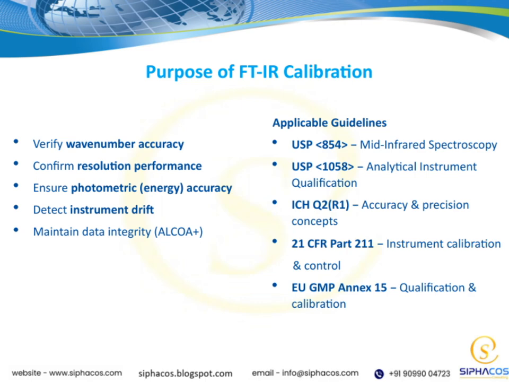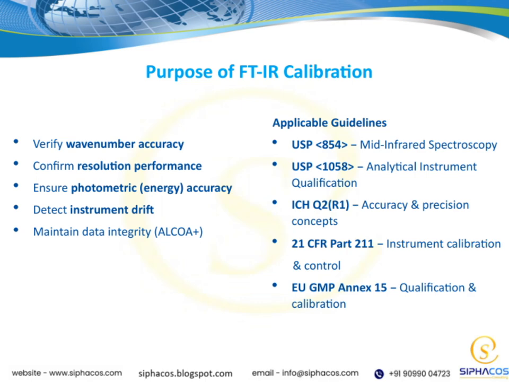ICH Q2(R1) is another critical guideline that emphasizes the concepts of accuracy and precision, fundamental to obtaining valid results. Moving to regulatory requirements, 21 CFR Part 211 specifies the importance of instrument calibration and control to maintain product quality. Similarly, EU GMP Annex 15 provides guidance on qualification and calibration processes, aligning with these standards globally.